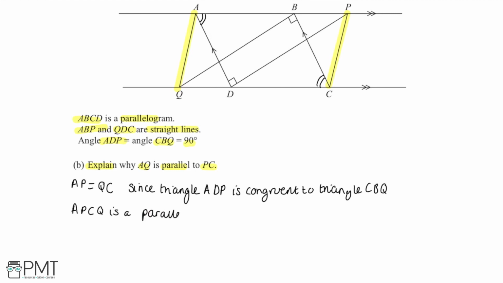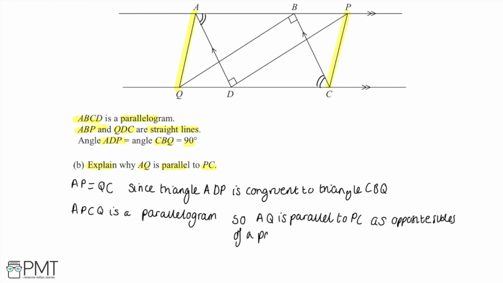It has two sets of parallel sides which are equal. So AQ is parallel to PC as opposite sides of a parallelogram are in fact equal.